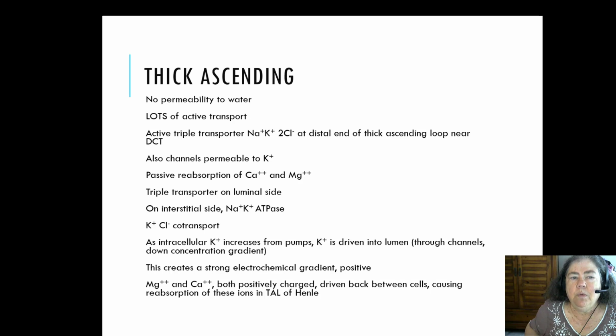So we begin to pump out lots and lots and lots of sodium and potassium and chloride. There are also some channels that allow for potassium to move across cell membranes, and there is some passive reabsorption of calcium and magnesium.